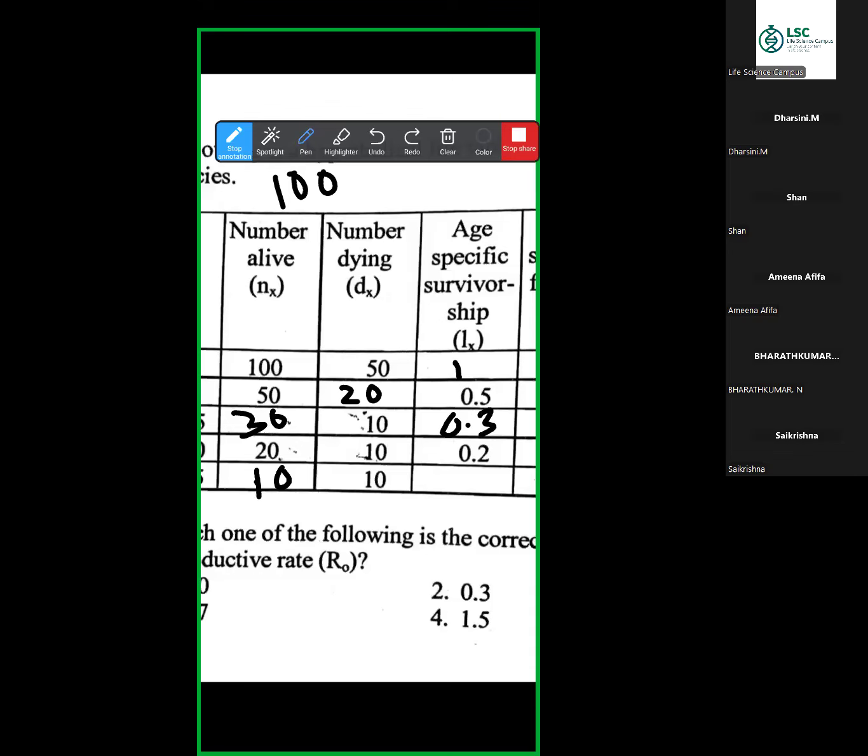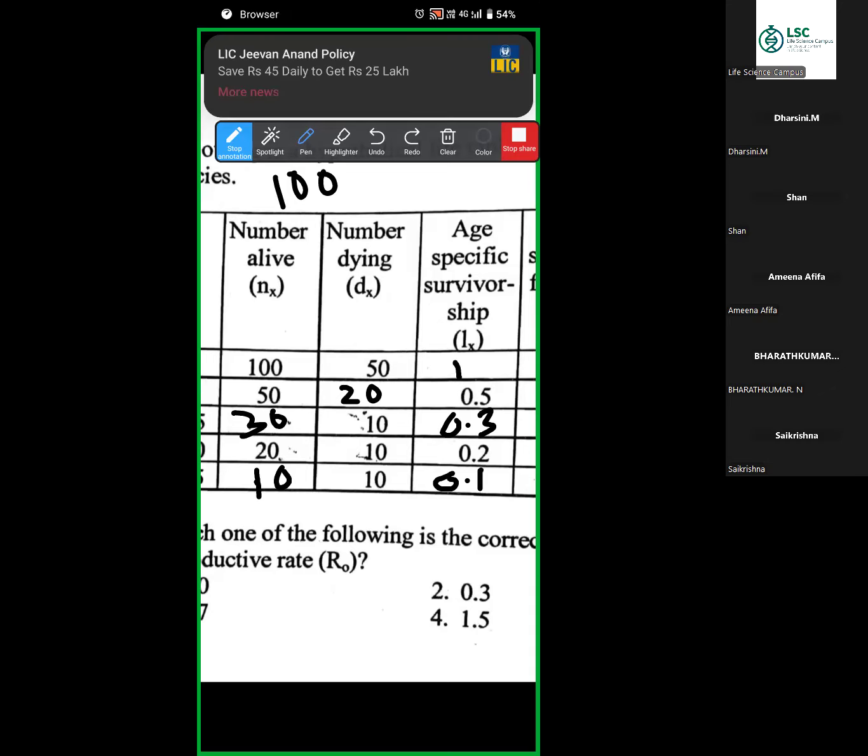For the fourth age class, lx is 20 divided by 100, that is 0.2, already given in the question. Then for the fifth age class, lx is 10 divided by 100, that is 0.1. Is it okay? Yes, ma'am.